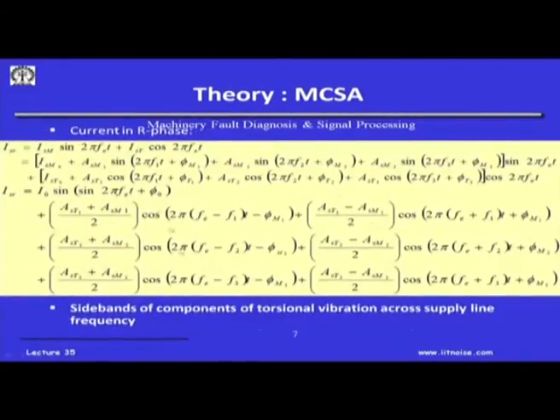Now, if I see the current in any one phase, if I add them up, it will be nothing but the component of these two together in their respective phase.